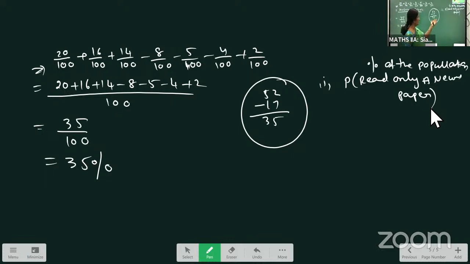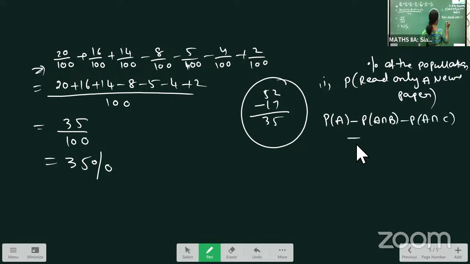But A paper is 20% is given, but some combinations are there. A and B can read, A and C, and all three can read. In that also A is there. So that is why we have to take only A newspaper, means P of A, and subtract the combinations with A. P of A intersection B minus P of A intersection C, and add all three. P of A intersection B intersection C.